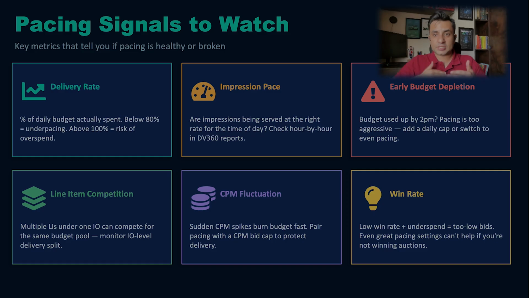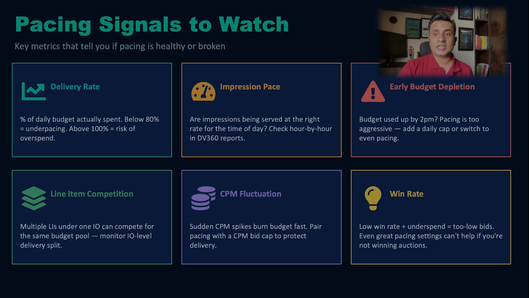When your CPM spikes, let's say to $7 or $8, you apply this cap so that you get a good number of impressions within a reserved budget. So CPM bid cap is a true saver for you. It's a great tool to be used when you are checking pacing and performance.